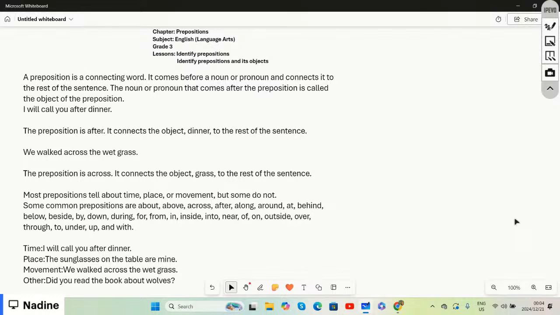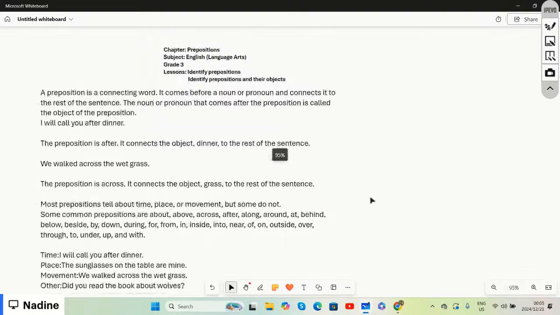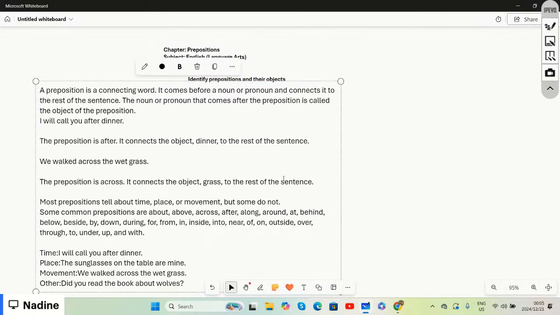And the lessons that we are going to be focusing on under the chapter of prepositions are to identify prepositions, and to identify prepositions and their objects.